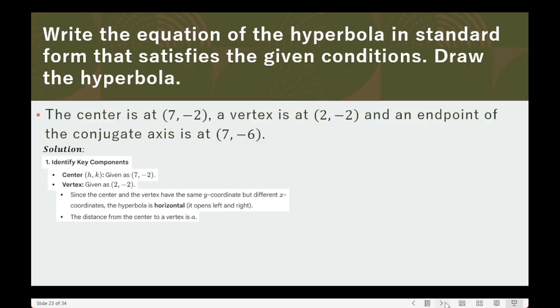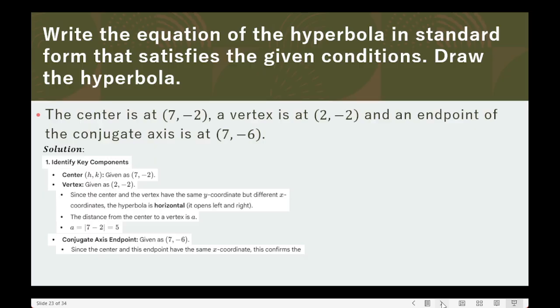So that we can now determine the distance from the center to a vertex, which is denoted by small letter a. And that is equal to the absolute value of the difference between 7 and 2. And that is equal to 5. Then for the conjugate axis endpoint given as 7, -6.